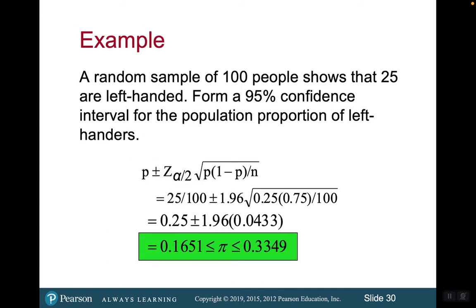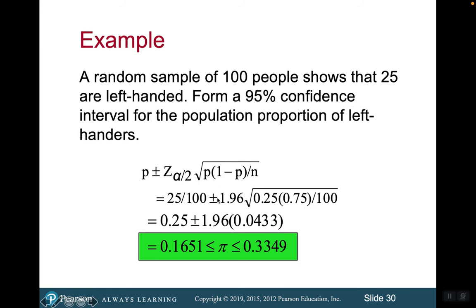So we have 25 who are left-handed, 25 divided by 100, which is 0.25, plus or minus.